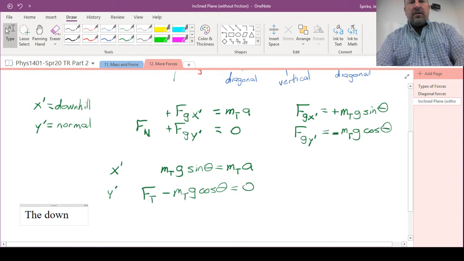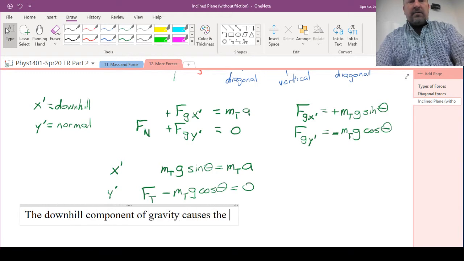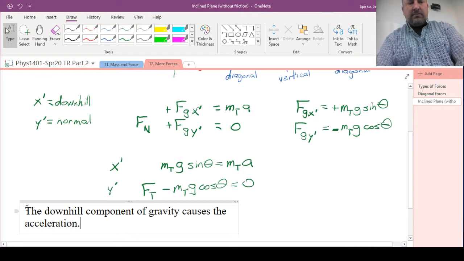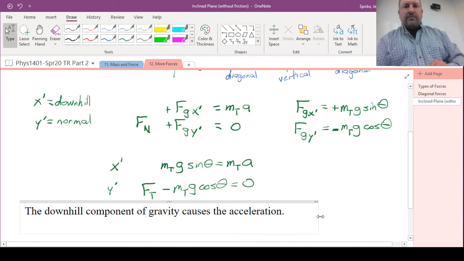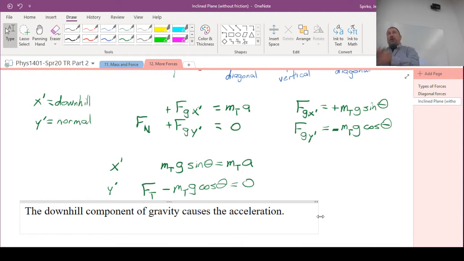So our gravity force is split into components. Even though gravity is a vertical force in the minus y direction, the real minus y direction, in our tilted coordinate system, gravity is partly in the x prime direction. That's the downhill component.